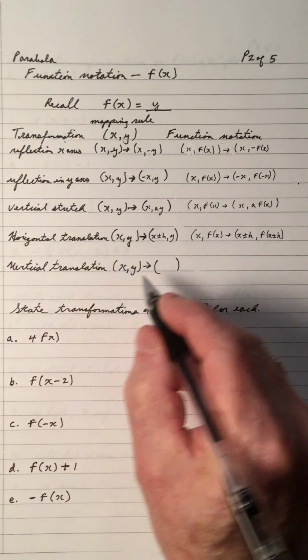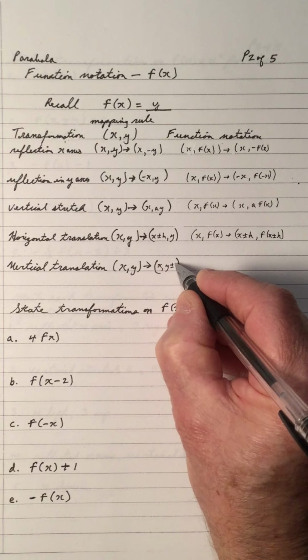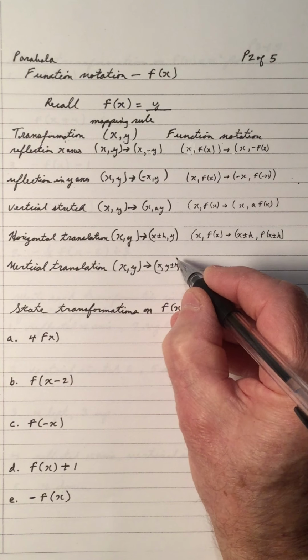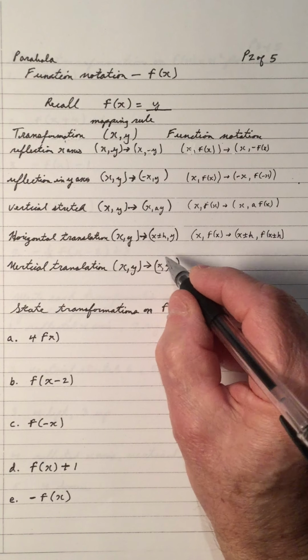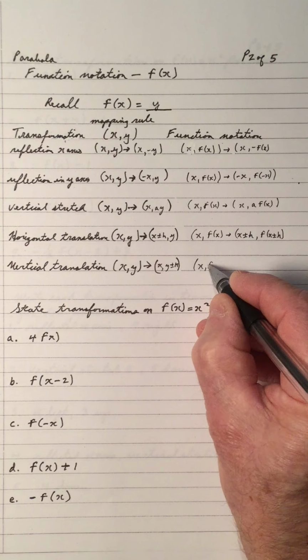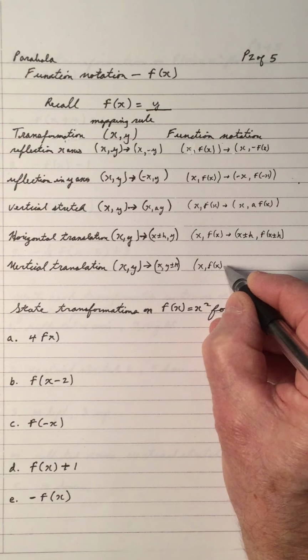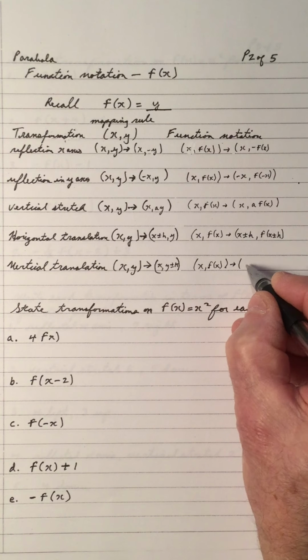And the vertical translation is affecting the y, so we add plus or minus k. Remember, h is the horizontal shift and k is the vertical shift. And we have x, comma, f of x, because that's the function notation. Y is f of x, again, keep repeating that.